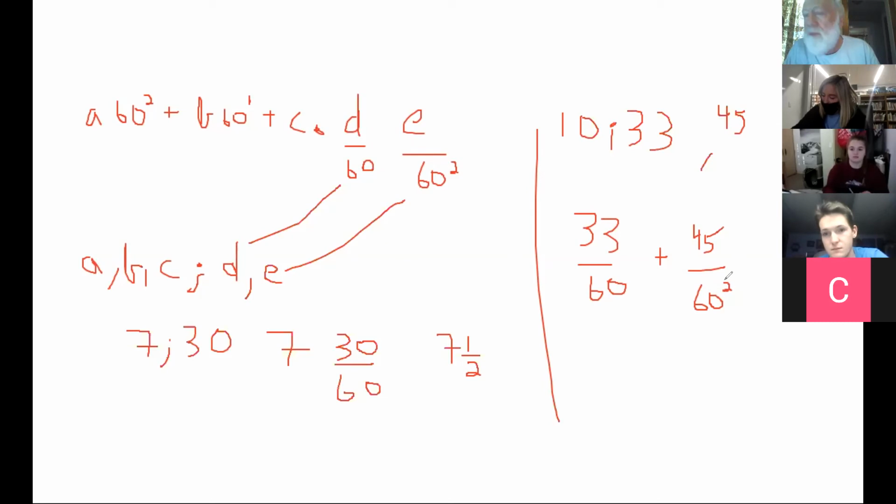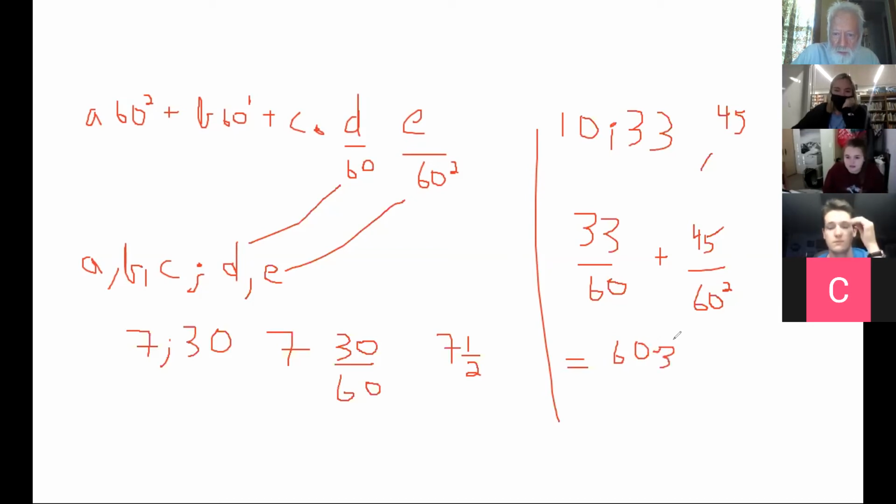You could use decimals, but this is what the fraction would be: 33 over 60 plus 45 over 60 squared. And why don't you tell me what fraction that is?